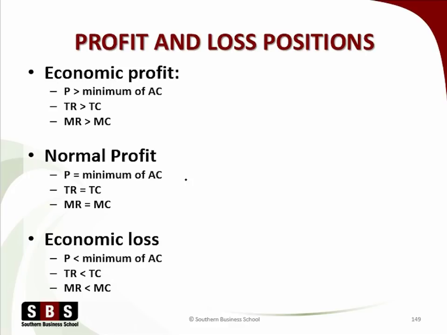Or the marginal revenue is larger than the marginal cost. You may be asked, in terms of economic profit, to give the three characteristics of economic profit. Now those are them over there. It'd be a short question, and then the same for normal profit and for economic loss. If you go through that, you'll understand what it means.